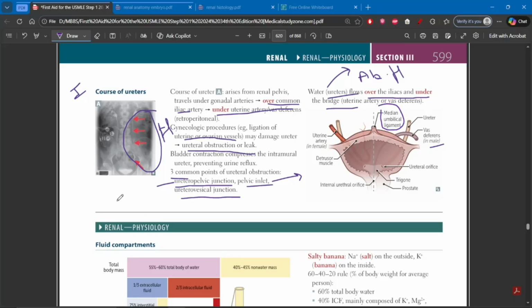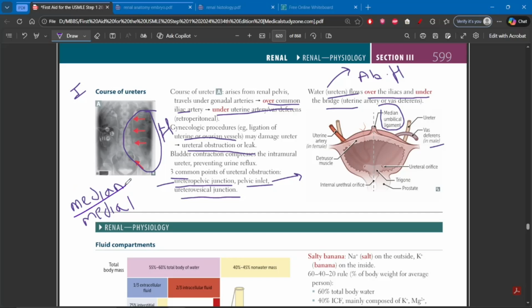Okay, and they've also mentioned the median umbilical ligament. So you're going to come across two different words. One is the median. Let me write it. And just like this, there's another which is known as medial.